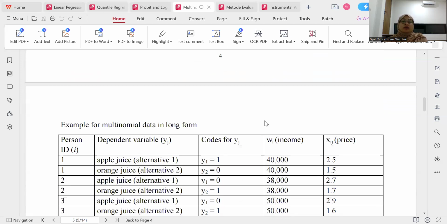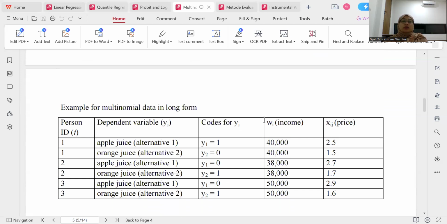And here there is also multinomial data in the long form, where the dependent variable yj is apple juice for alternative 1 and orange juice for alternative 2. The code for yj is y1 equal to 1, with income 40,000 and xij is 2.5.